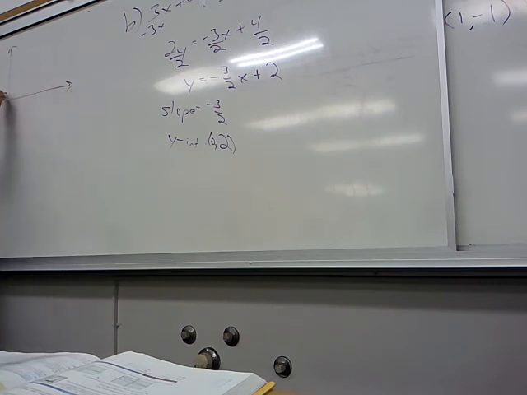Always at a point on the line, and I know the y-intercept. That's all I know. So 0, 2. And what does the slope tell me to do? Go down 3, 1, 2, 3, and over 2, 1, 2.